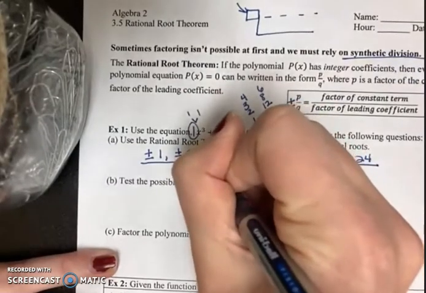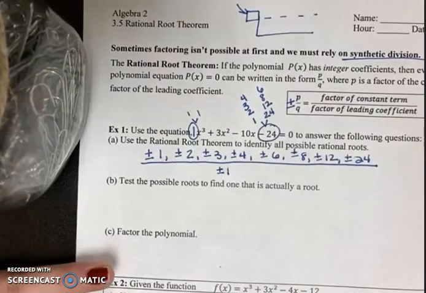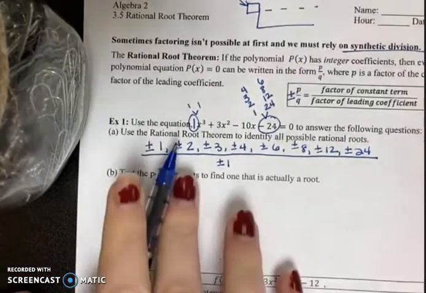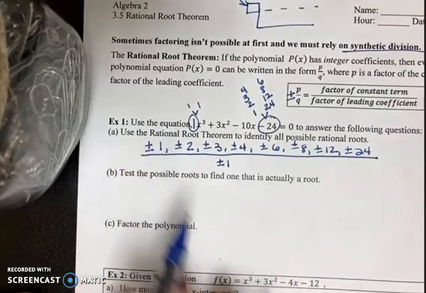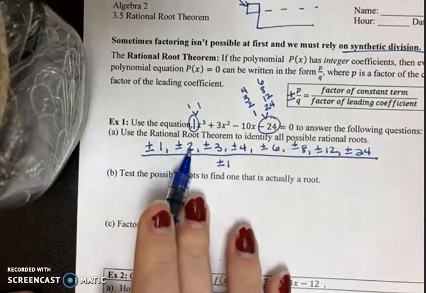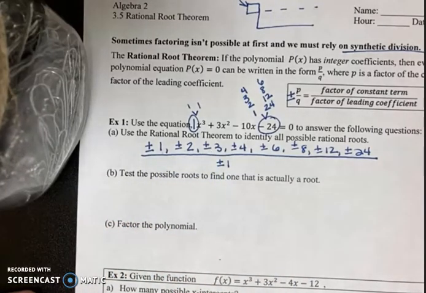So plus or minus, in this case, there's only really one factor, which is 1, which is really, really nice, okay? When we have a leading coefficient of 1, that basically just means I have 1 over 1, which is 1, 2 over 1, which is 2, 3 over 1, which is 3, so on and so forth.